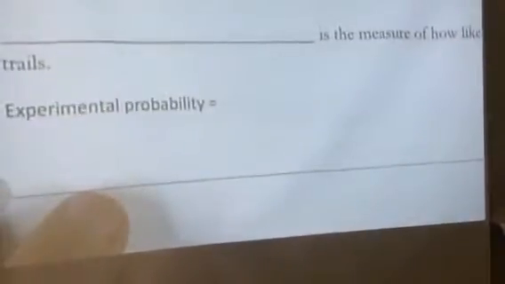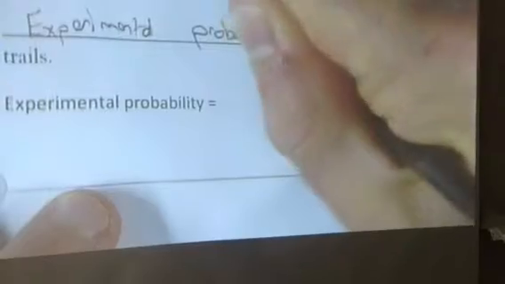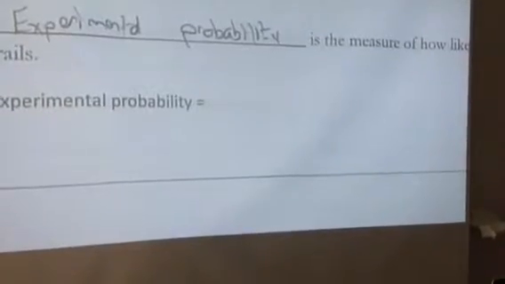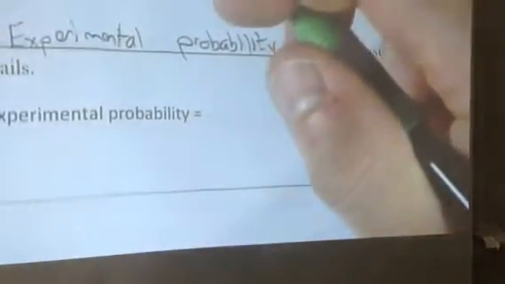Now, you can calculate this and give a percentage to it. You can calculate this using the following formula and using the following term. Experimental probability is the measure of how likely a given event will occur based on repeated trials. So if I do something over and over, how likely is that event to happen? I can calculate that and give a number to it. So to find that, I just have a really easy formula.